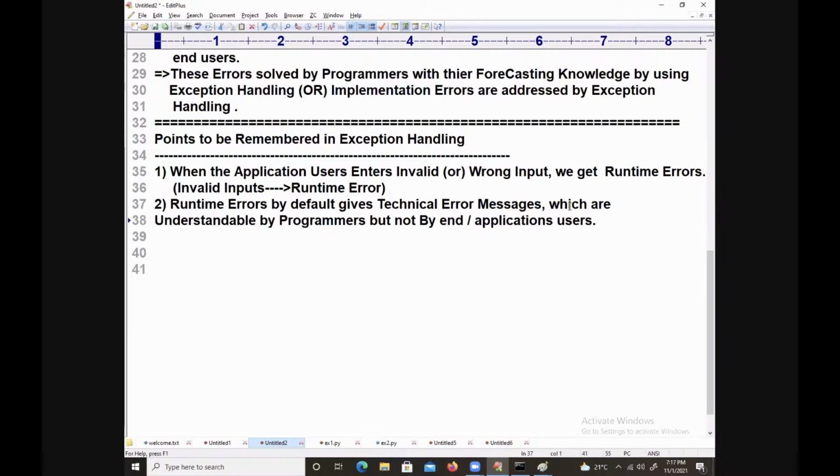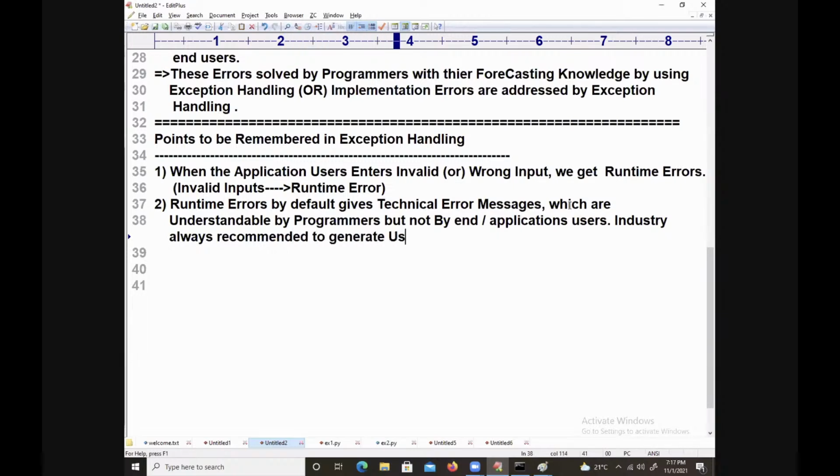But industry recommends to give which messages? Industry always recommends generating user friendly error messages.